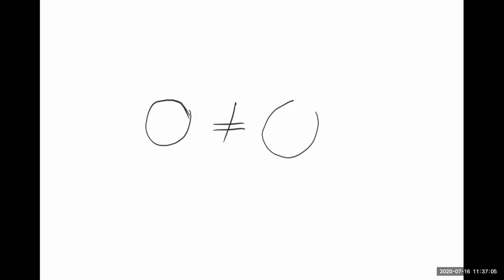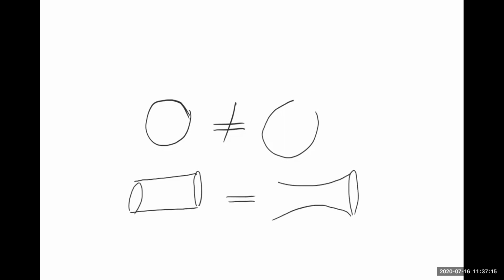So for example, in topology, this cylinder is the same as this hyperboloid. One of them, we just pushed this part a little kind of inside, and we pulled the outer part towards outside. But in topology, they are the same. Whereas in geometry, they are different. We just saw they have two different equations.